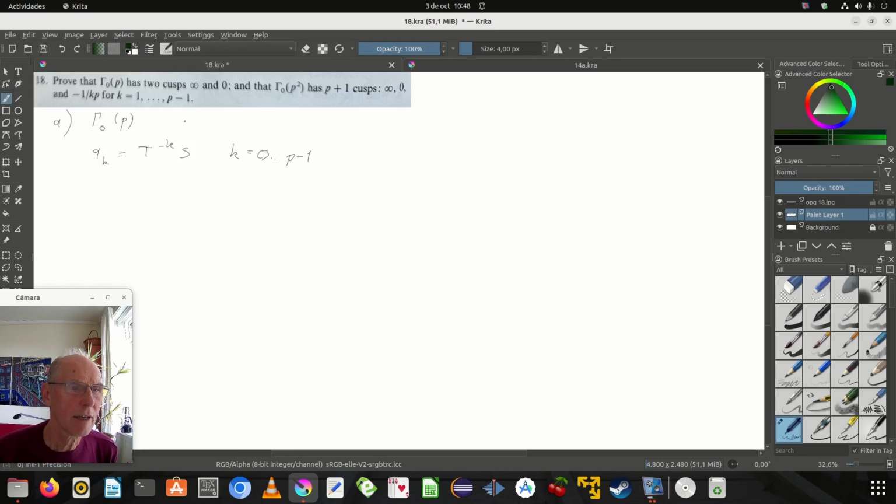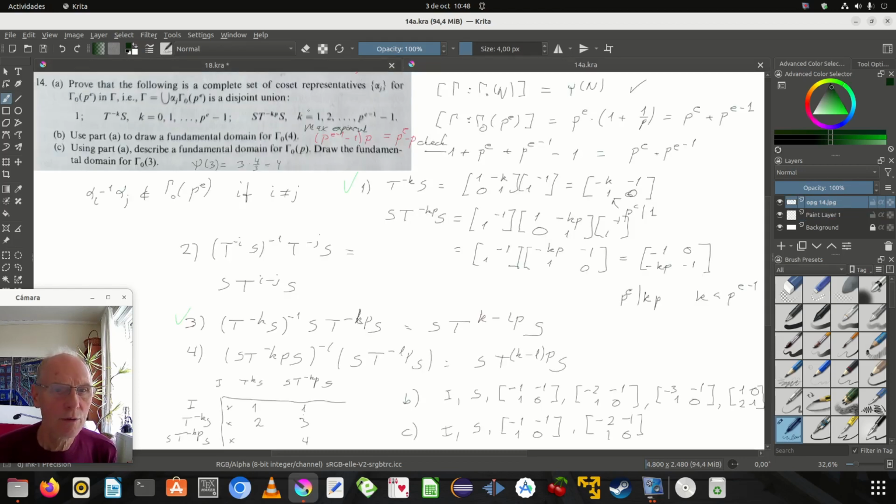And the index, we already know that to be psi of p, which equals p plus 1. All this has been covered in the previous problems. So we're lacking just one from the other family.